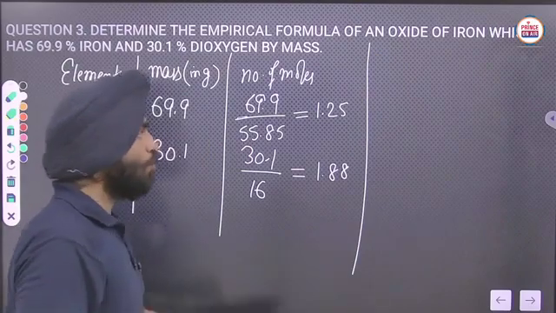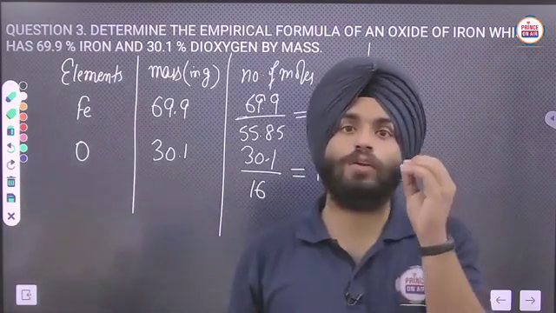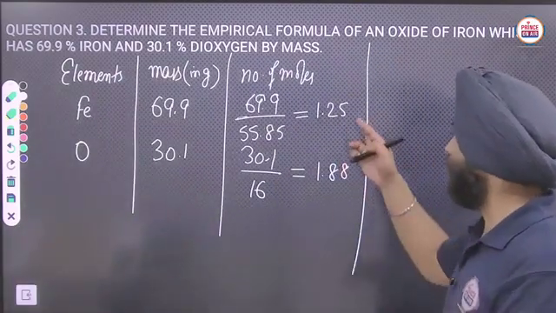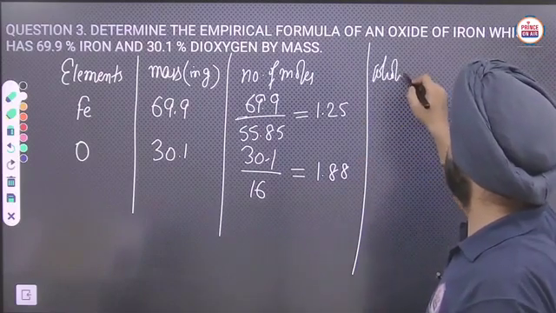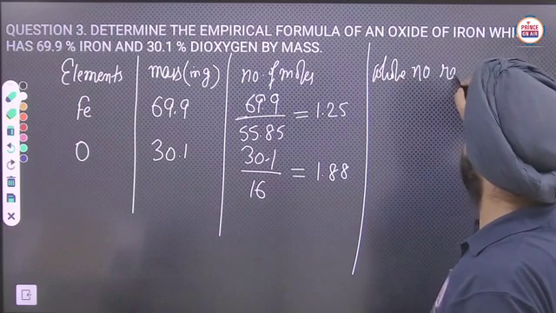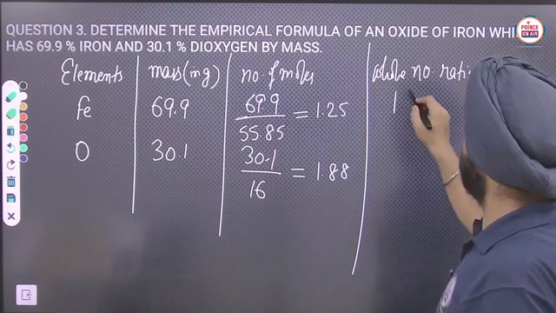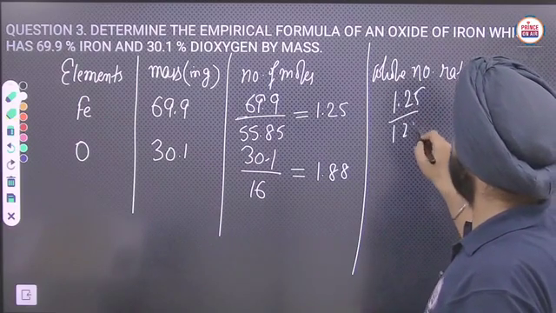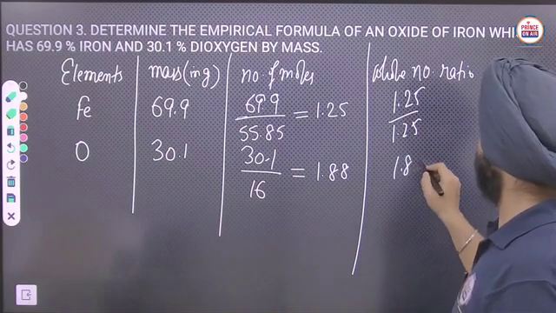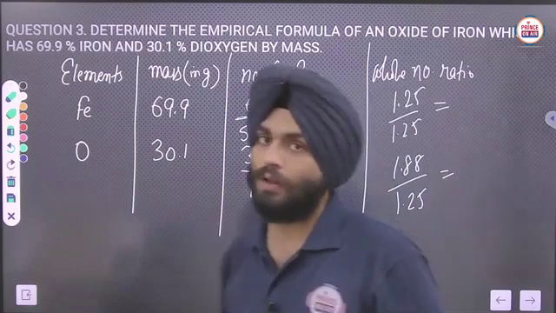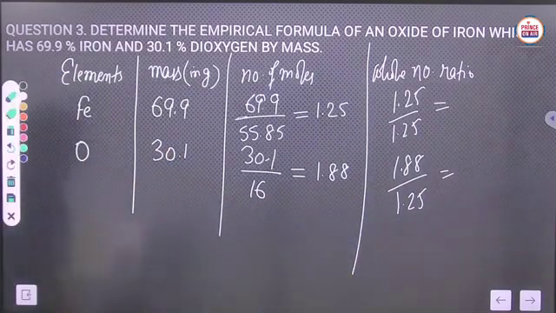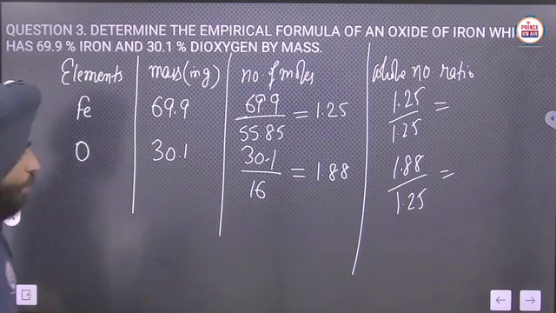Now we have to divide by the lowest number. Divide both numbers by the lowest number. The whole number ratio will come out to be 1.25 upon 1.25, and 1.88 upon 1.25. Try to do that calculation, it will come out to be 1 and 1.5.